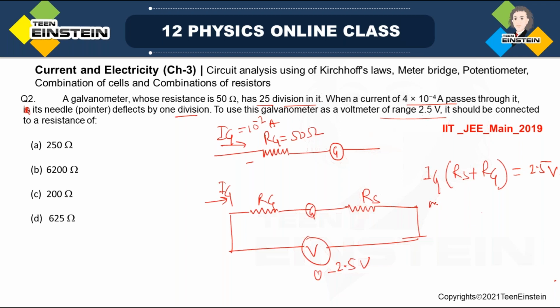Okay, now look, we know Ig. We have to find out Rs. Rs is equal to 2.5 by Ig, minus Rg. Rg is known, Ig is known, Ig is 10 to the power minus 2, and Rg is 50.